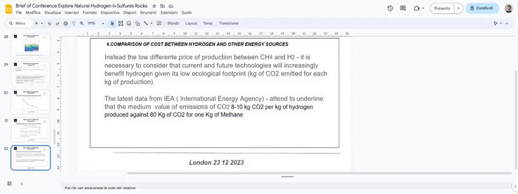From the latest data of the International Energy Agency, I want to underline that the medium value of emission of carbon dioxide is about 10 kilos of CO2 per kilogram of hydrogen produced, against 18 kilos of carbon dioxide for 1 kilo of methane production. So there is a ratio of 1 to 10.